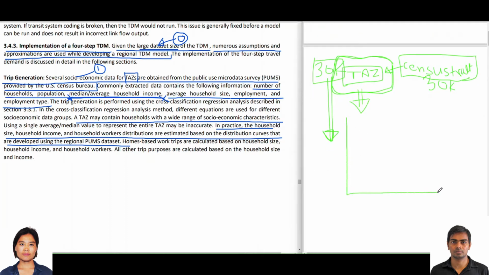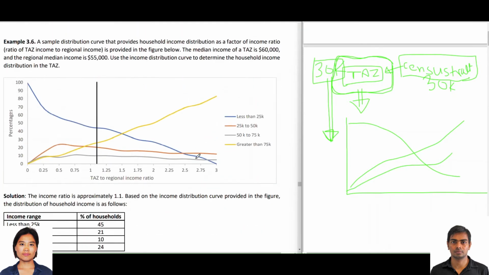So let's say this is a curve for number of people. This is a cumulative curve for number of people having certain income. Then this is another curve. This is another curve. One of the examples is shown on the next page.